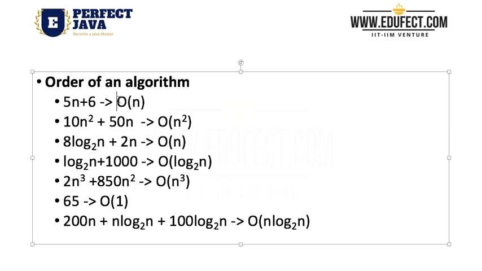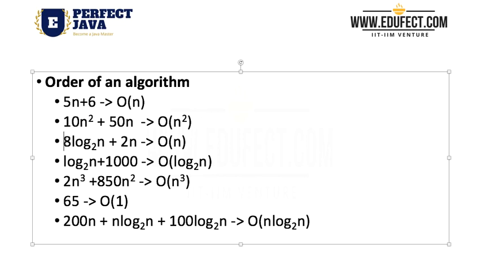So if n is very large, this will become approximately equal to 5n, and because we are ignoring this constant, we will write it as order n. Similarly, if we have 10n square plus 50n, this is the running time, then if n is very large, this term will be much larger than this term, so it will be order 10n square, but we know we are ignoring the constant, so that is why we are saying order n square.